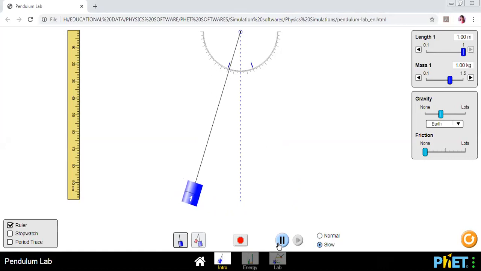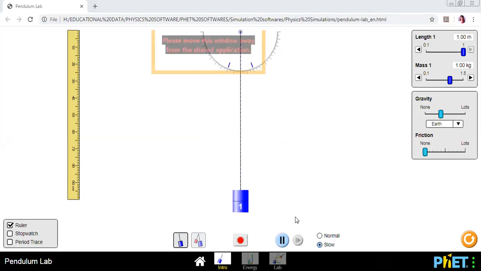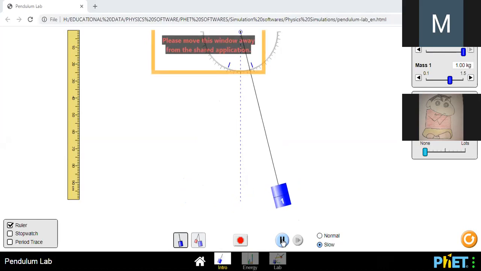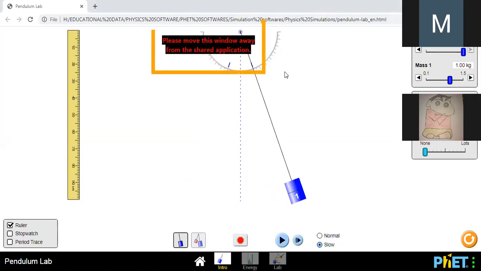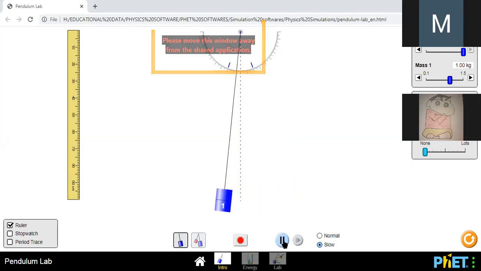Understand, amplitude is nothing but the maximum displacement of the pendulum from its mean position. So look at this. This is the maximum displacement on either side from the mean position. This is the mean position and this is another maximum displacement.